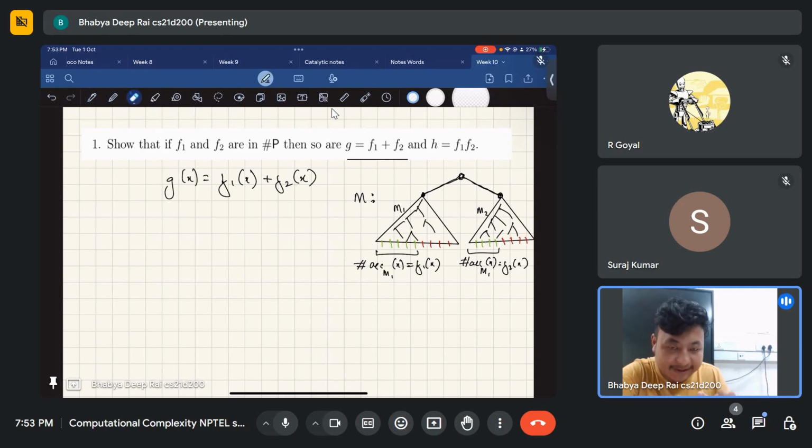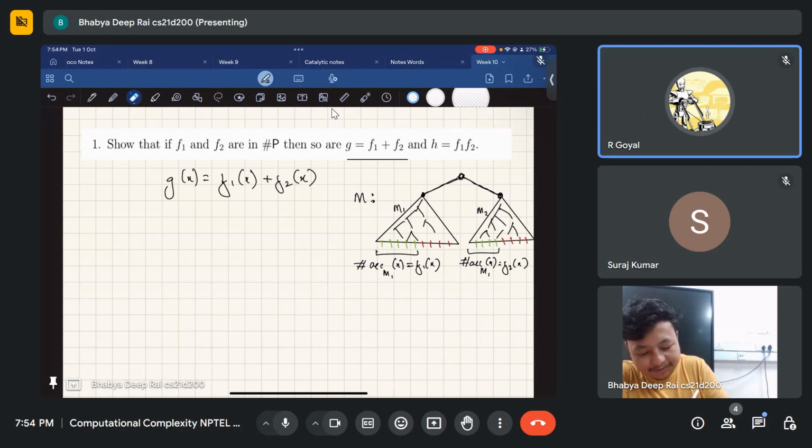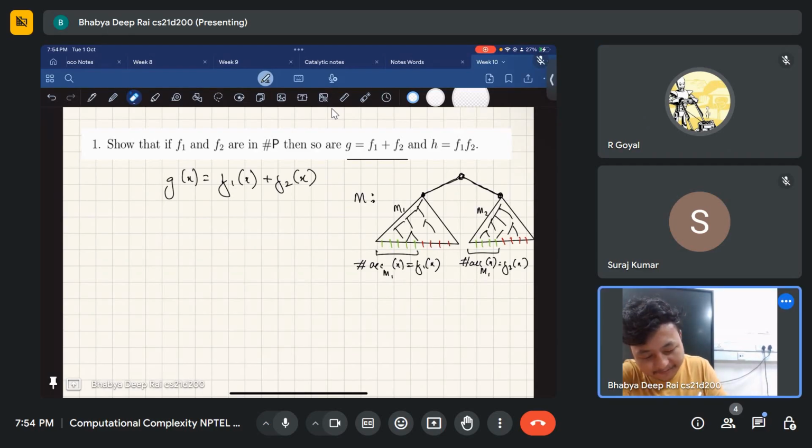Now you were asking how we decide what to run. You don't need to decide, because what you are essentially doing is non-deterministically choosing whether to run M1 or M2. Exactly. So here's the final algorithm.